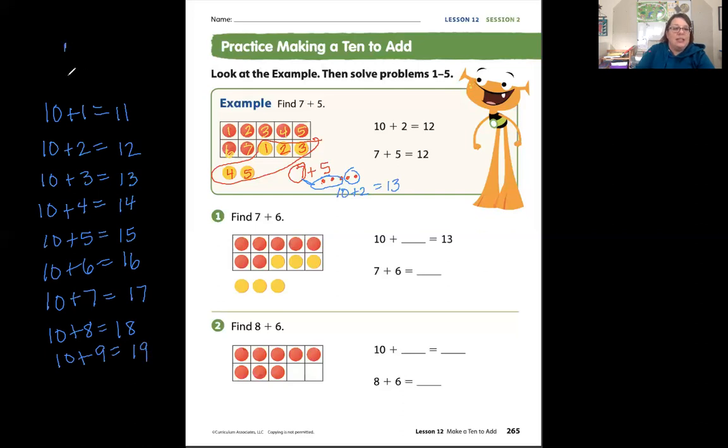So we make these teen numbers by adding 10 and 1 or 2 ones, okay?